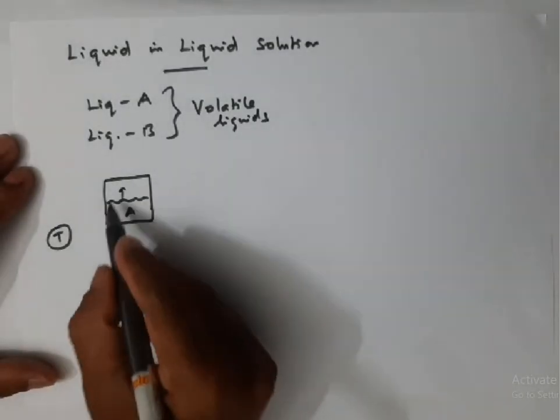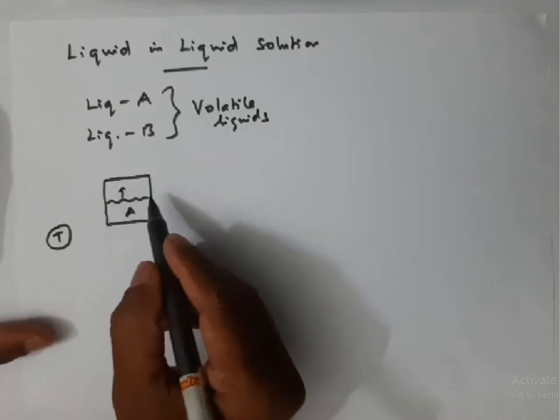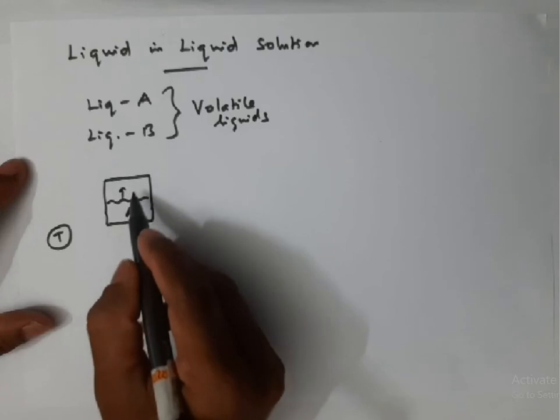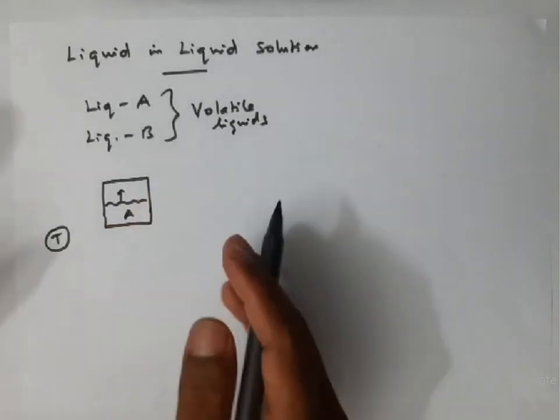So in this container we have only pure liquid A. The liquid evaporates, then condensation will occur, then you will get an equilibrium.